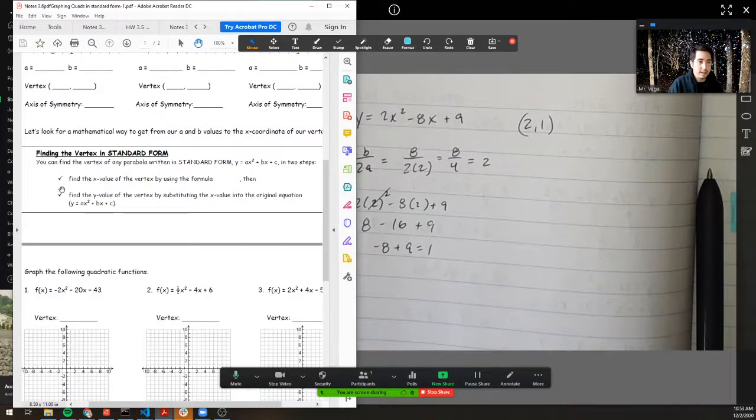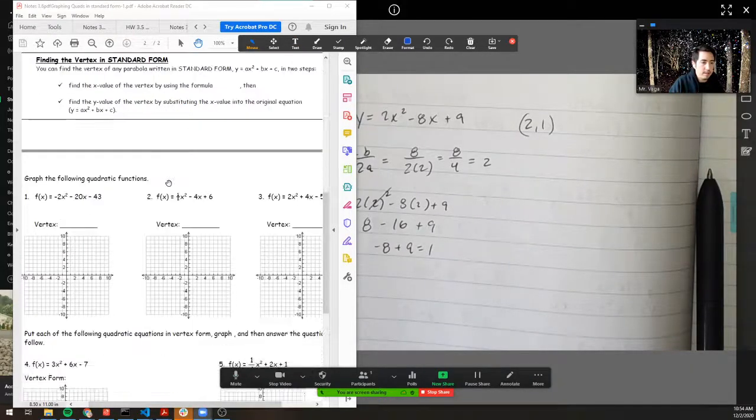First, find the x value, or the h, by using the formula negative b over 2a. Then, to find the y value, you plug the h value into the original equation. So that's all they're saying there.